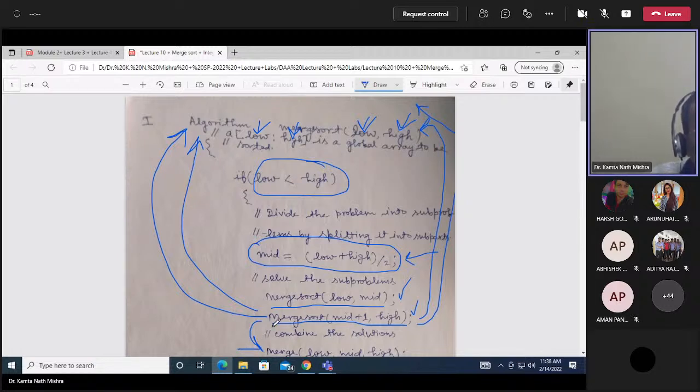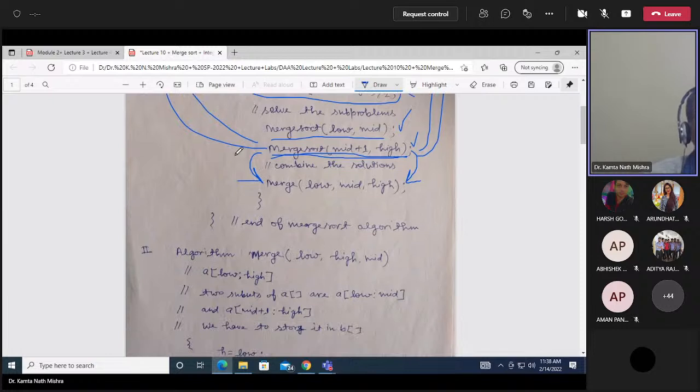Remember, this merge sort function will be called again and again, and you will exit from the merge sort function when each array has only one element. After exiting, once each array has only one element, you implement the merge function.